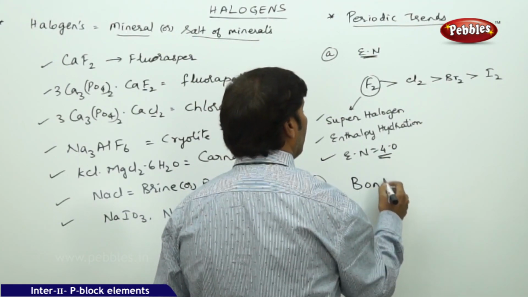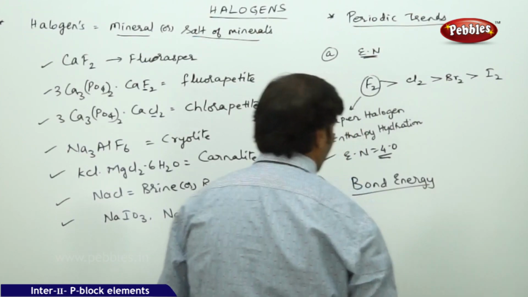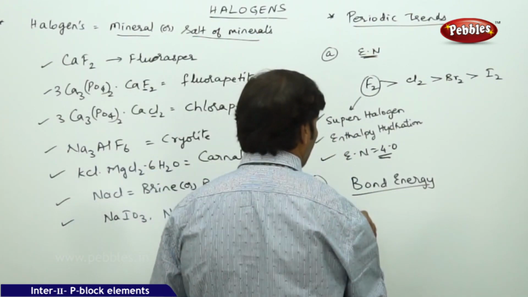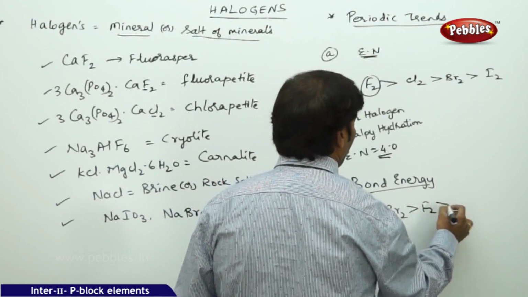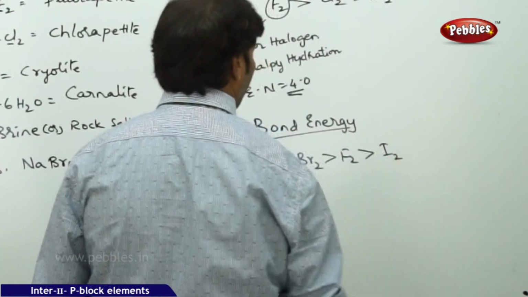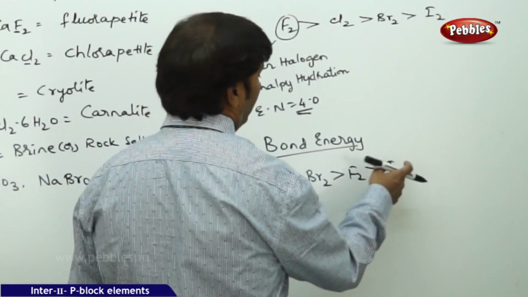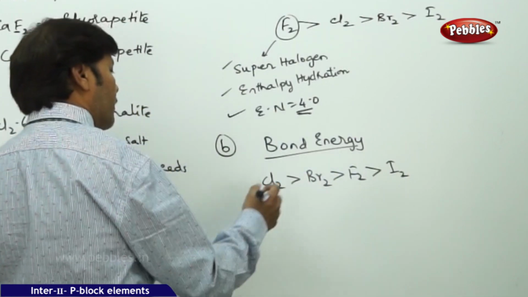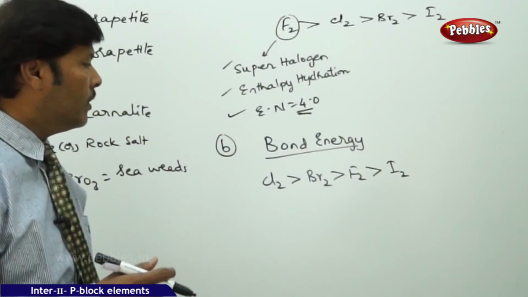Bond energy in halogens: chlorine is greater than bromine, which is greater than fluorine, which is greater than iodine. Here you are finding that fluorine has less bond energy than chlorine and bromine.